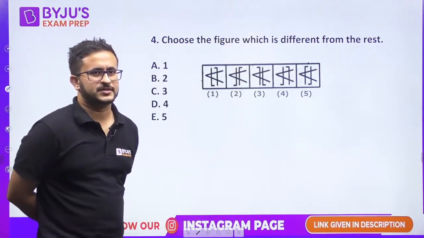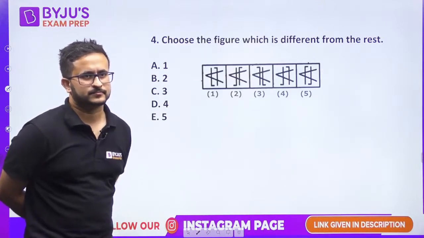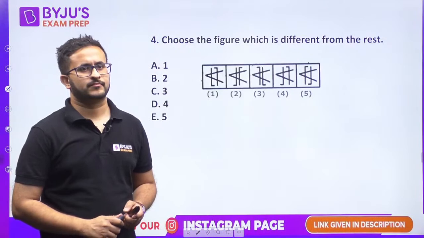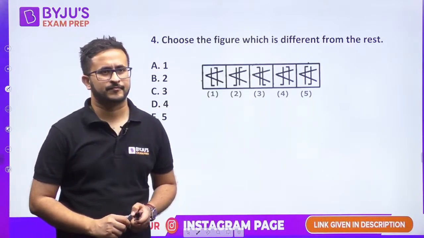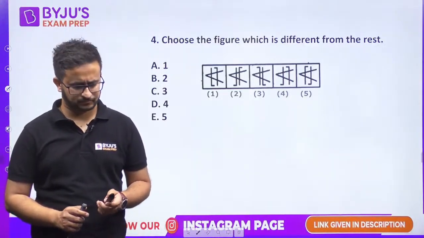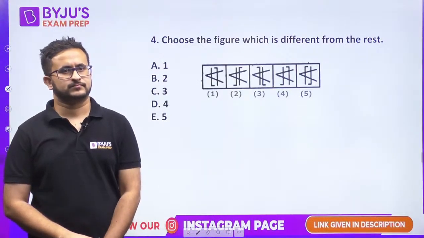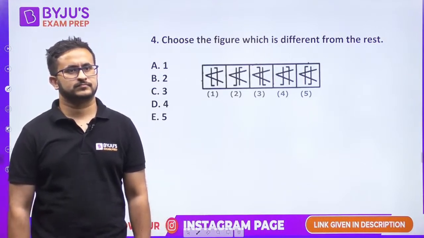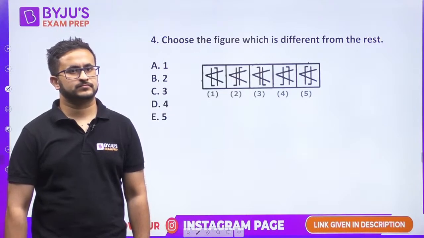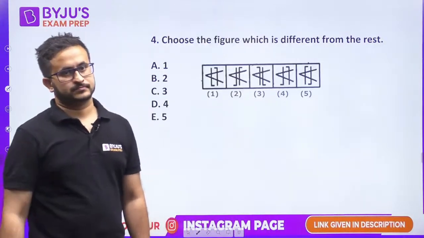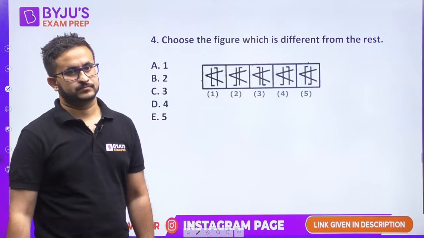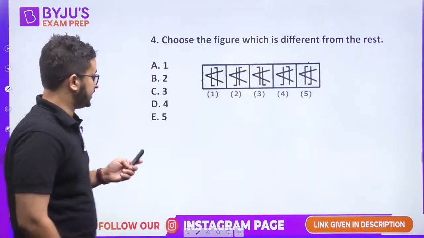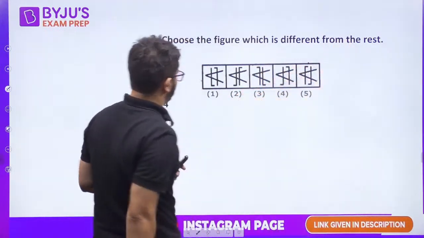Choose the odd one out of these images. In this case we have this inverted V which is present in all.